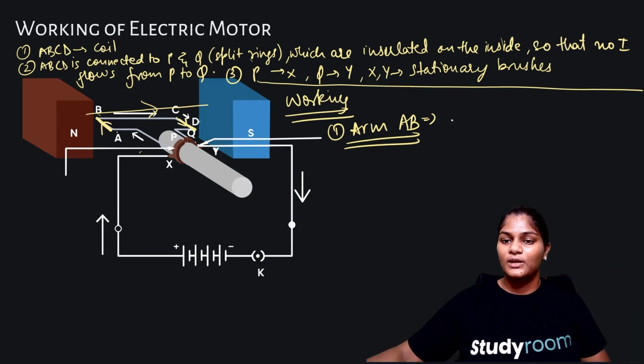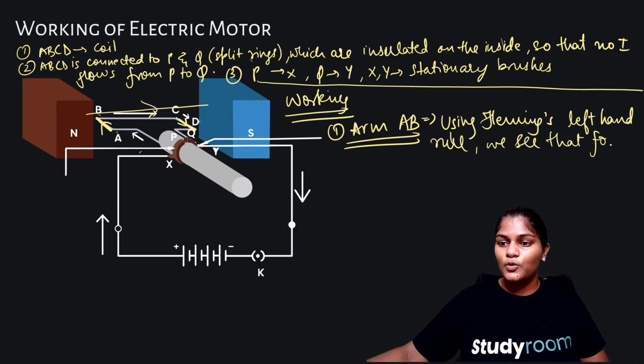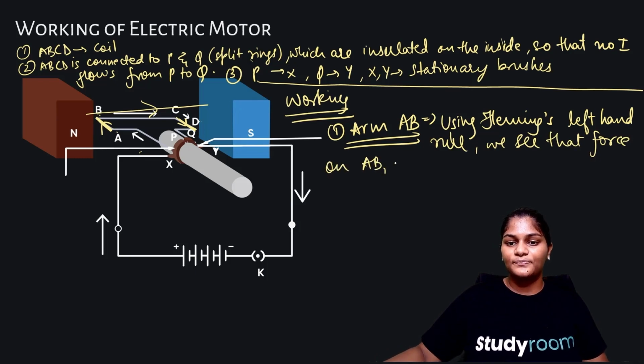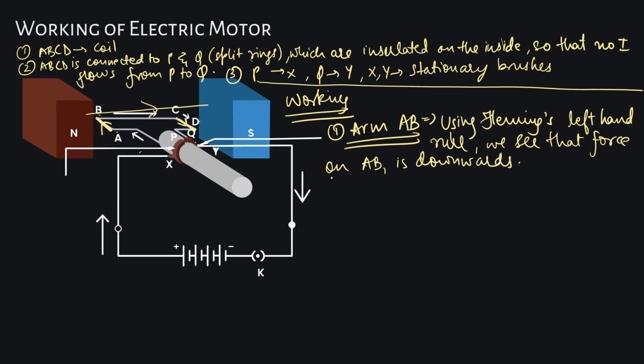So we say, using Fleming's left hand rule, we see that force on AB is downwards, right? It is in the downward direction.